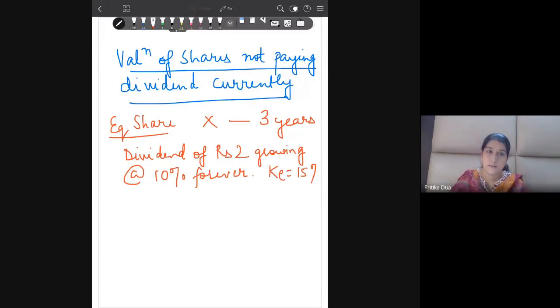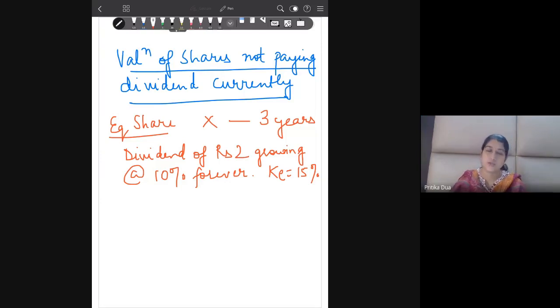So the company is currently not paying dividends. After 3 years, the company will start paying dividend of rupees 2 per share, which will grow at 10% forever. The required rate of return is 15%, and you have to find out the value of the share.